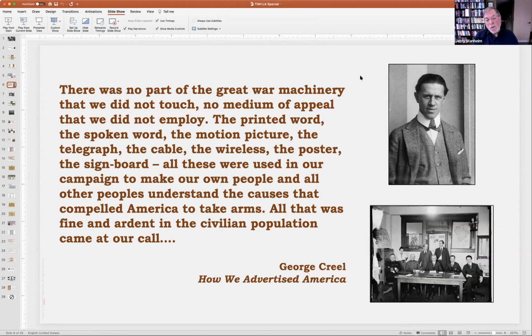The other side of his responsibility was to build support for the war internally within the country, and that essentially amounted to domestic propaganda. The group pictured at the bottom is the Committee on Public Information, of which Creel was the chair. He was a hard-nosed fellow.